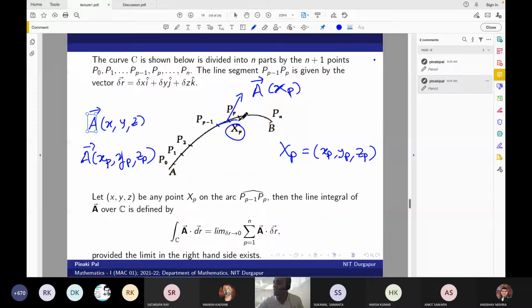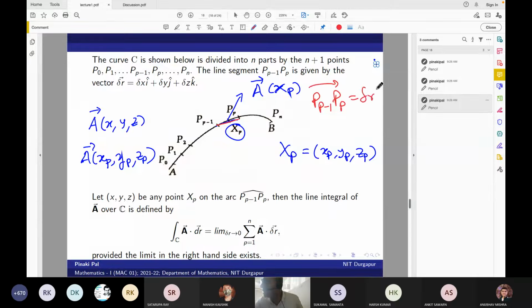Then what we'll do, we'll take the component of this vector along this line segment. Along this line segment, this. So p minus 1, let us take this pp vector.